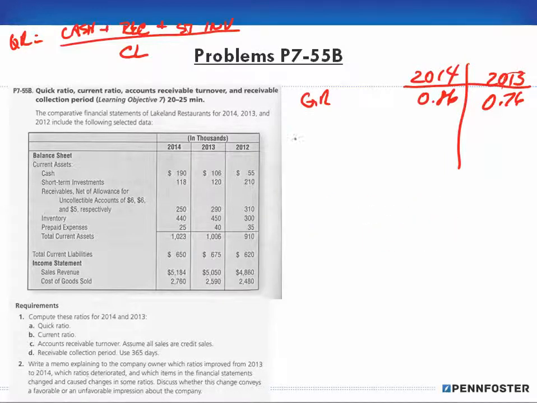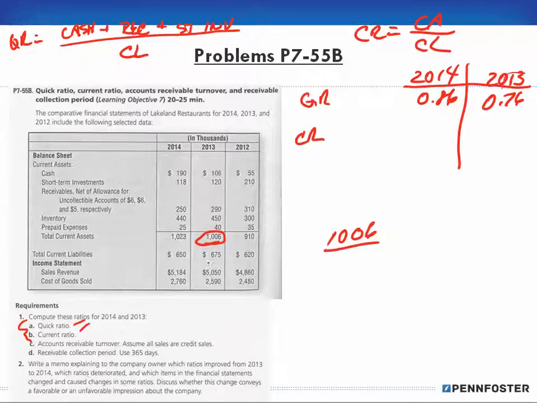Now, for the current ratio, and remember, current ratio is current assets over current liabilities. And I made that distinction here because we're dealing with both. We're going to take our total current assets for 2013, which is 1,006, and we're going to divide it by the 675.